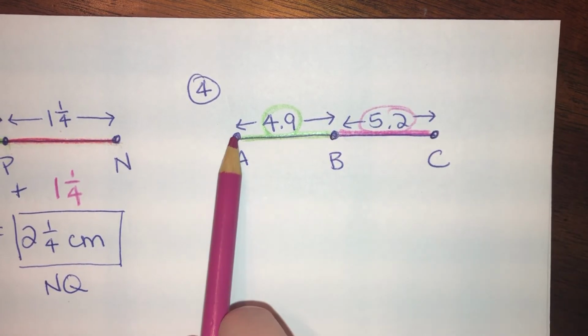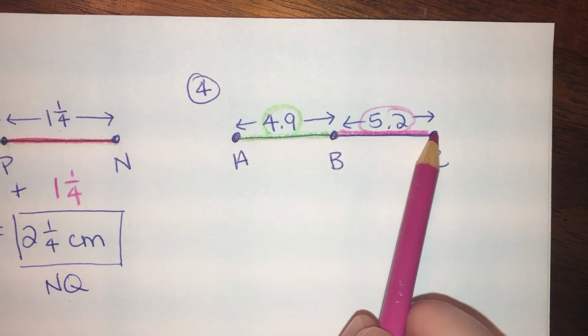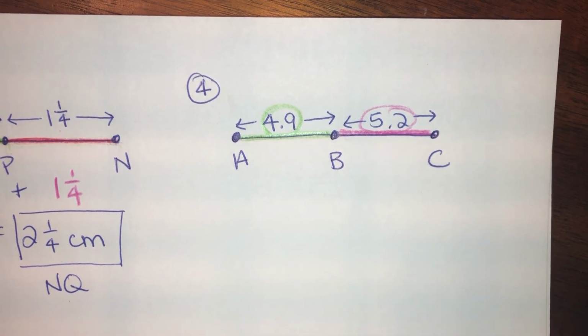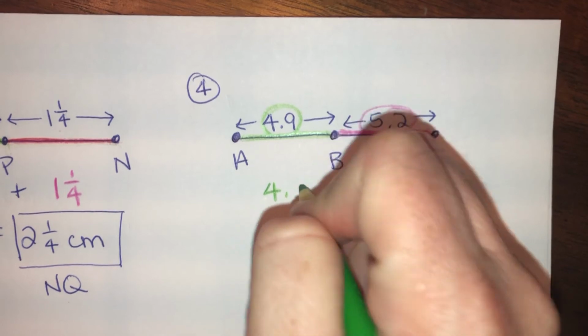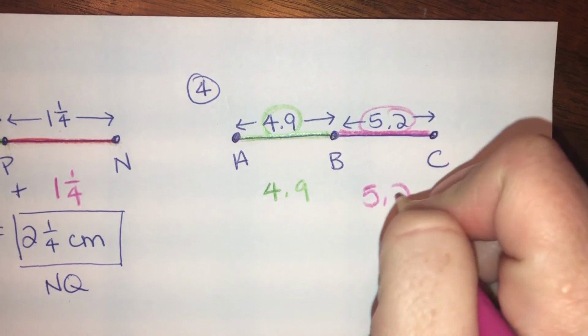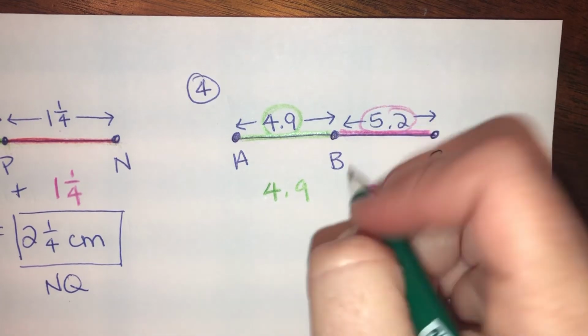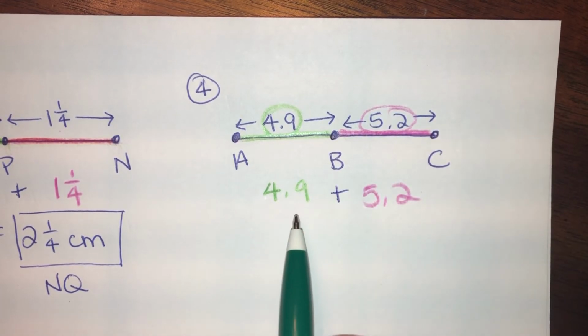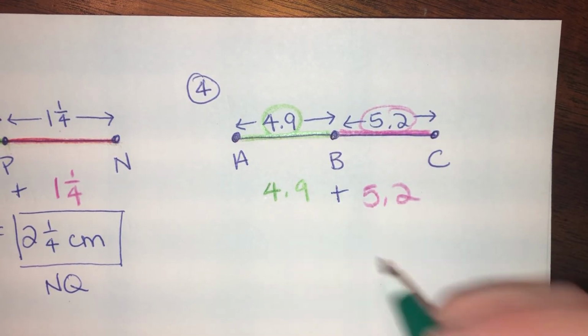To figure out the entire length, we're just adding them together. So I'm going to add 4.9 plus 5.2, and when I add those together, I believe we get 10.1.